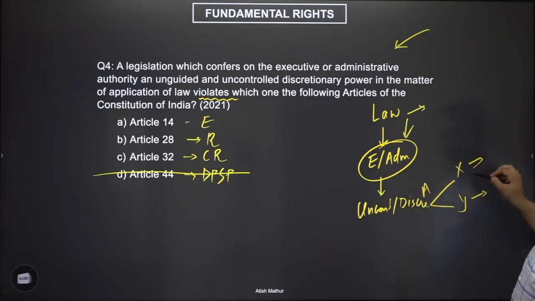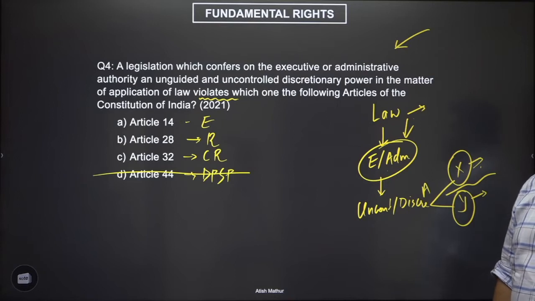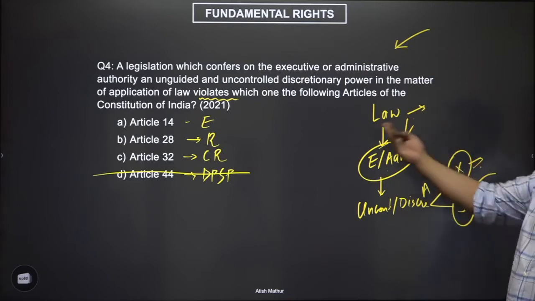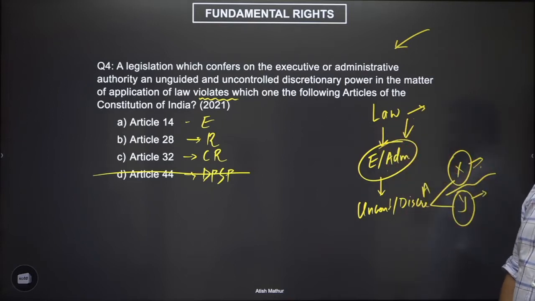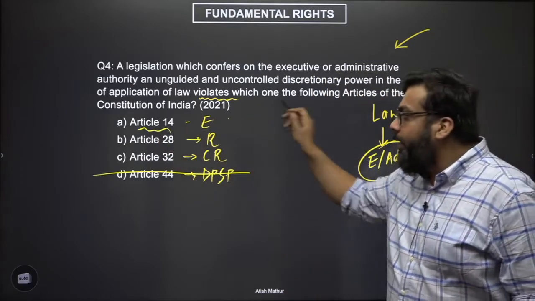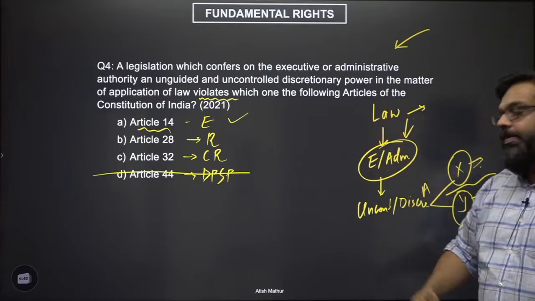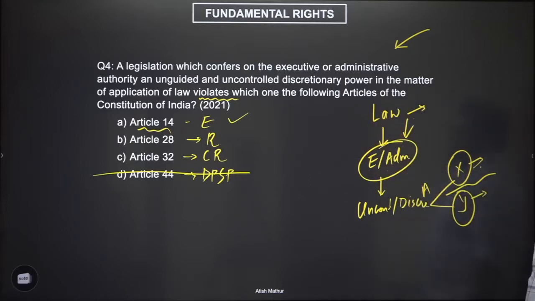So this law is treating X and Y differently because of the power given to the administration. So a law which treats people differently and unequally violates Article 14. So this should be your answer. Just break it down into a flow chart. Simplify it, you should be able to arrive at the answer.